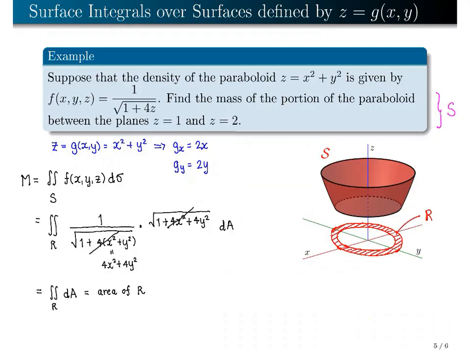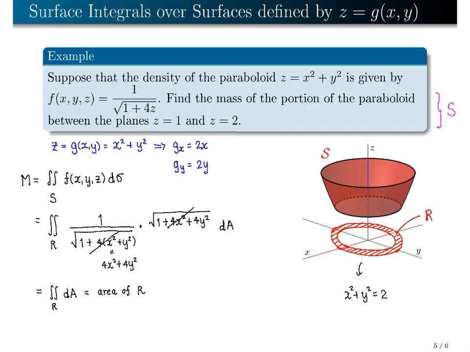To determine the equation of the outer circle, note that the upper boundary of surface S is the intersection of the paraboloid z equals x squared plus y squared and the plane z equals 2. Therefore, the equation of the outer circle on the xy plane is obtained by equating the corresponding equations for z, which yields x squared plus y squared is equal to 2.